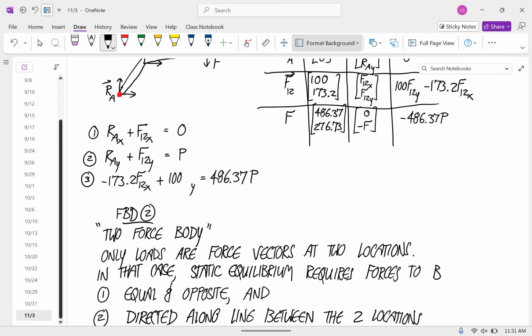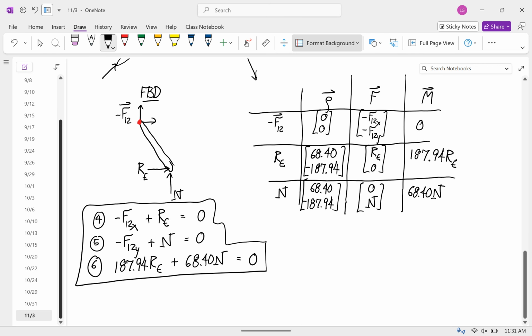There's not a single constant here that isn't multiplied by P. Here and then here, they're all 0.